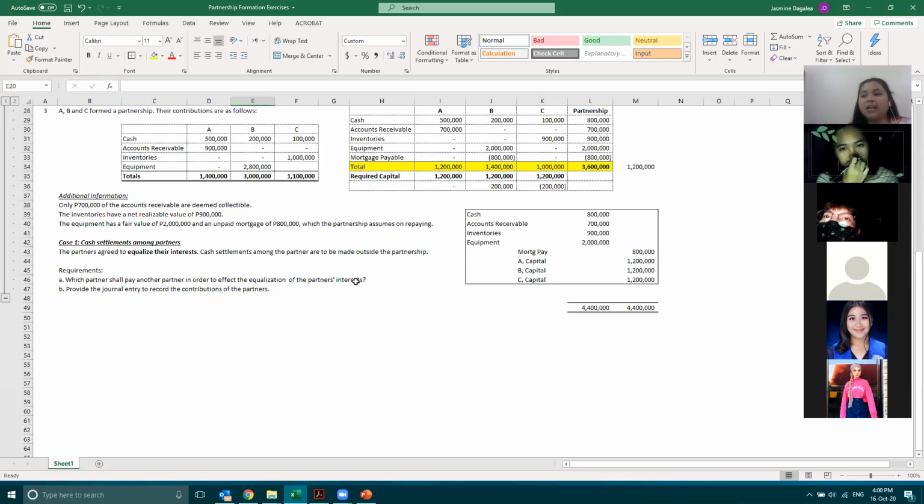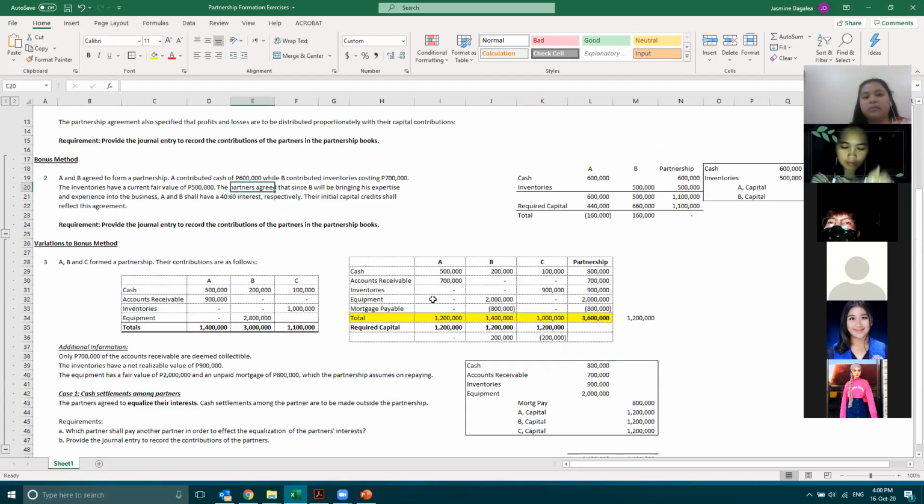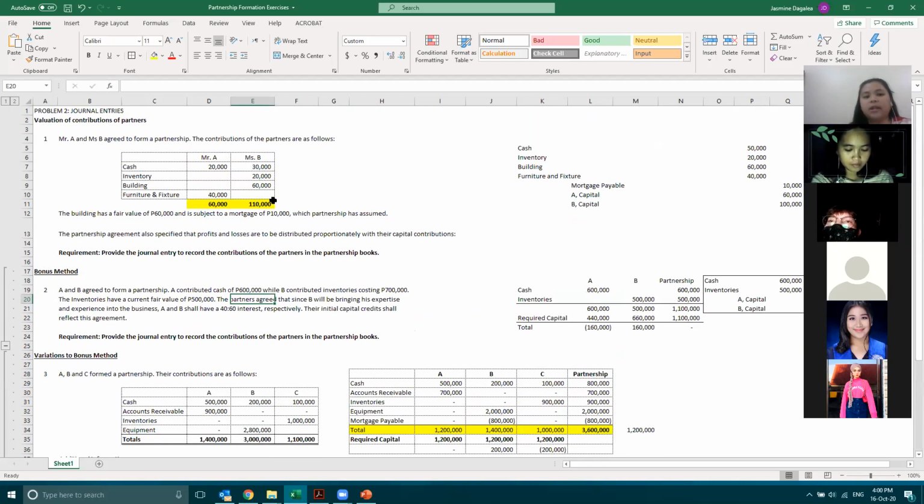Pero pag nagbigay na ng proportionate interest yung problem, like equally sharing, or 40/60, 50/50, 70/30, tapos hindi equal sa capital contributions nila, magkakaroon kayo ng bonus. Pag sinabi sa problem na may bonus, may transfer or adjustments to the capital accounts of each partners.